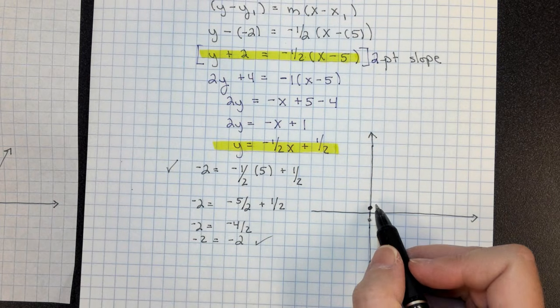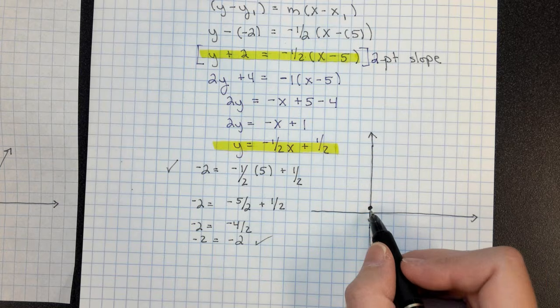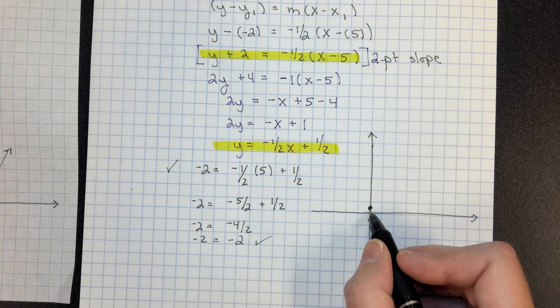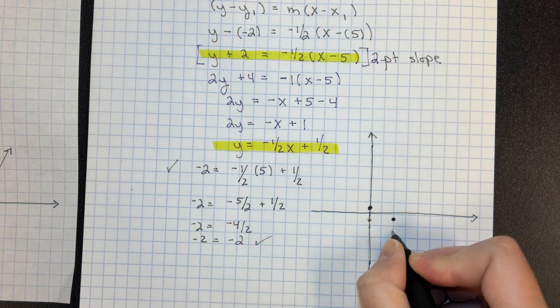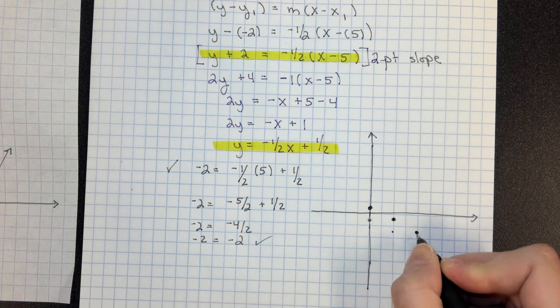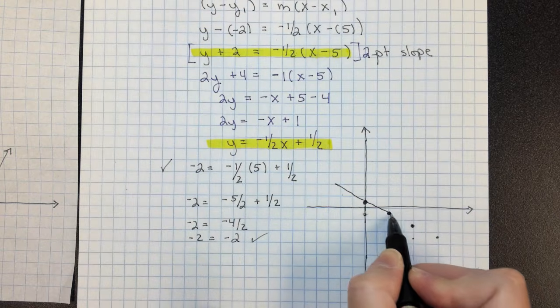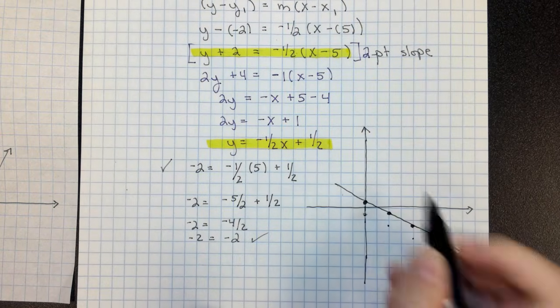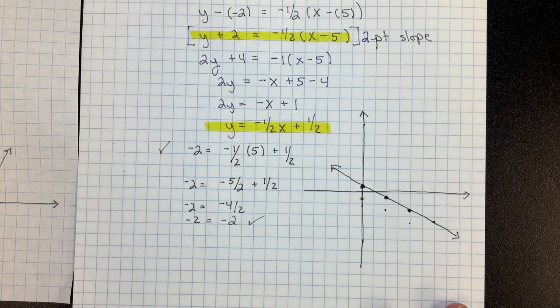And I'm going to go down a half. So this one is kind of, I'm going down 1 and right 2. Down 1 and right 2. Down 1 and right 2. So that's kind of hard when we're on a fractional portion, but it still works out fine.